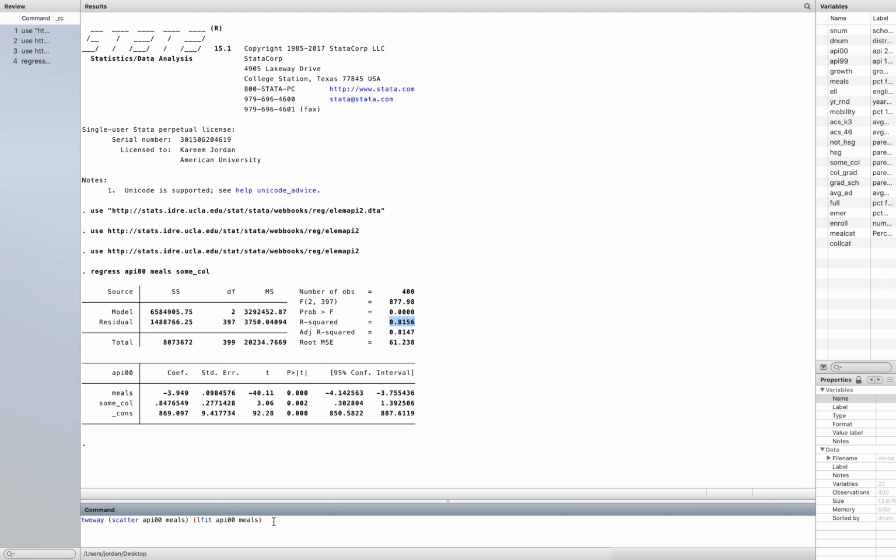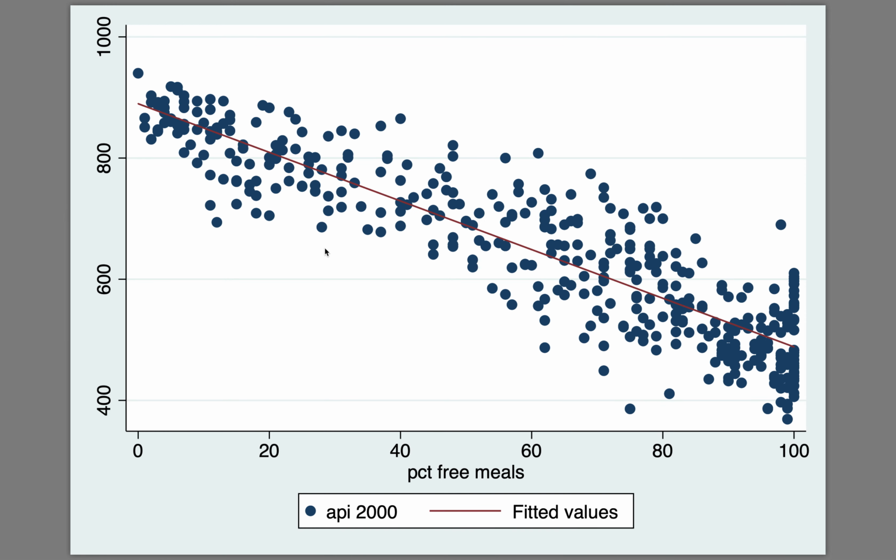So twoway scatter API00 meals, which is the first predictor in the model. Then to draw the line of best fit, open parentheses, lfit, then the same thing, API00 meals. So that's your command. Once you do that, click on return. What you will see here, and that extra command, the lfit, is what draws this red line that you see right there. As you can see, there's a negative relationship here. That's telling you as percent of students on free meals increases, the values on Y, or your outcome, academic performance index, go down, which is why the line of best fit is going down this way.